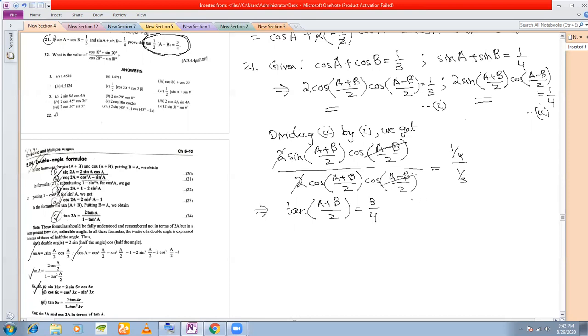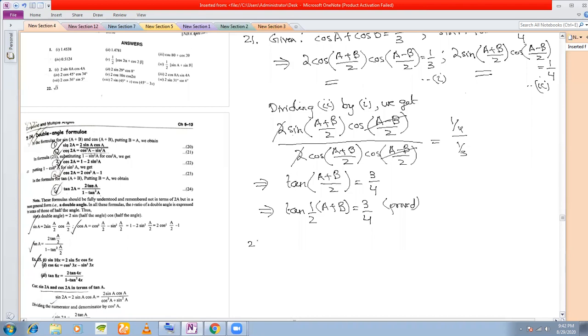Isn't it? 1/4 by 1/3 is 3/4. So tan half (A plus B) is equal to 3/4, which is the required proof. This is what you had to prove here.